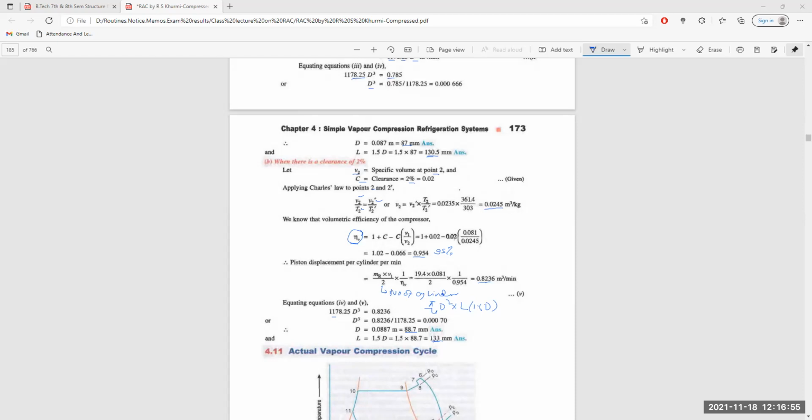We have to improve it, because for the same amount of compression work, we want to create more refrigerating effect. So we have different types of processes, like subcooling.